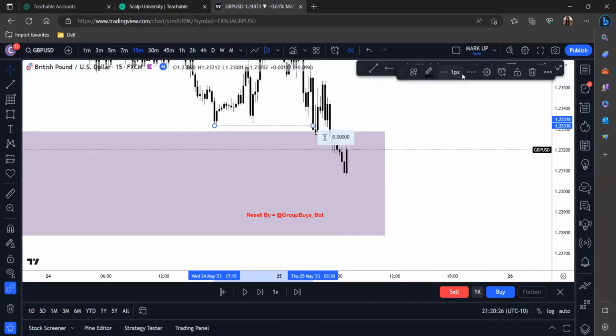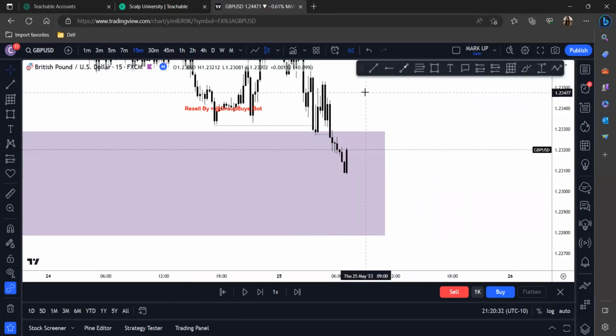We had a 15-minute break of structure, meaning that it is pretty strong because we do have a break of structure on the higher time frame. I definitely would trust it a lot more than the lower time frame. So this would really confirm to me that we are at a market structure shift right now.